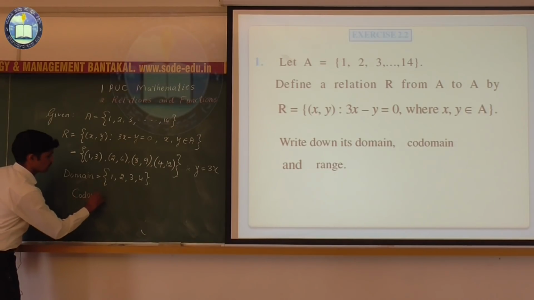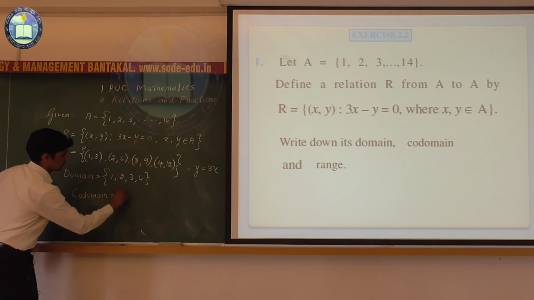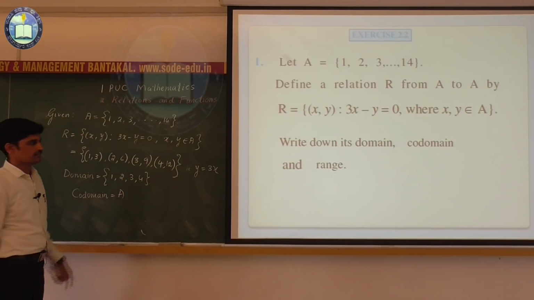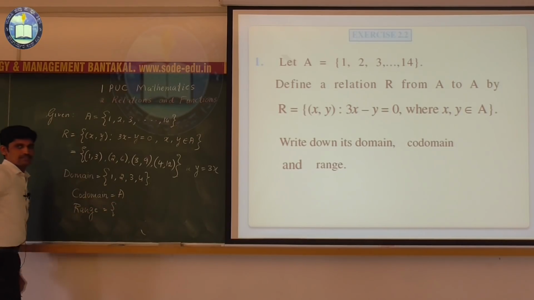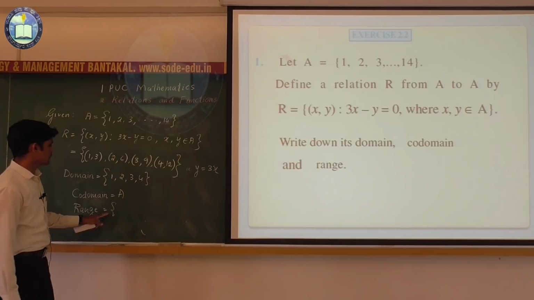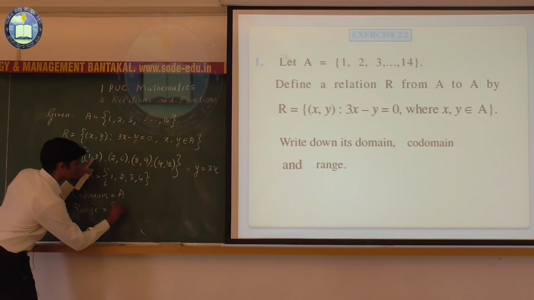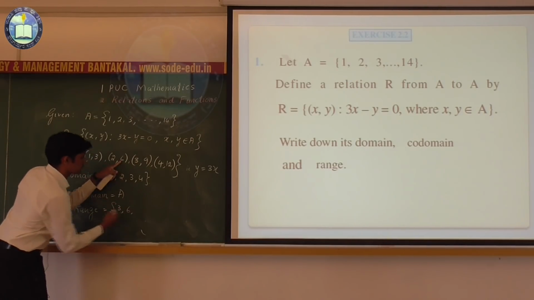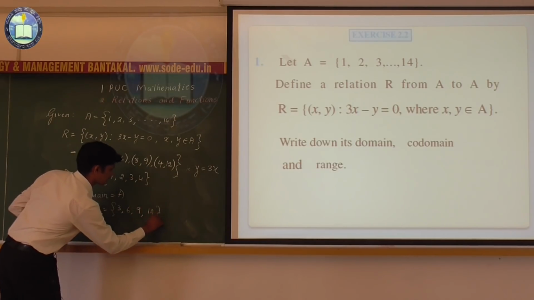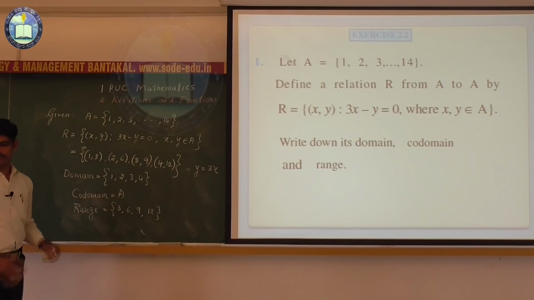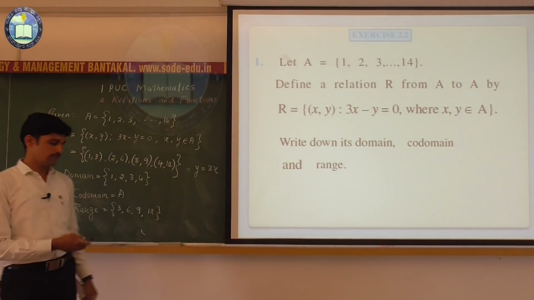Codomain is equal to set A. Codomain is the second set, that is set A. And range is equal to the set of all images, or the set of all second elements: 3, then 6, then 9, then 12. This is the range. Let us go to the next problem.